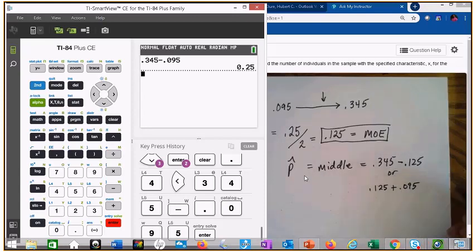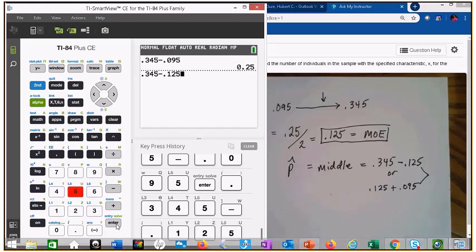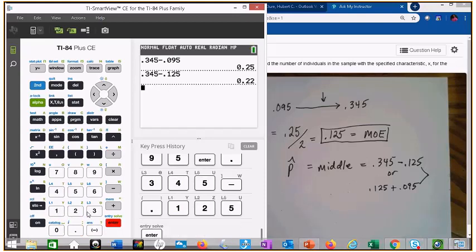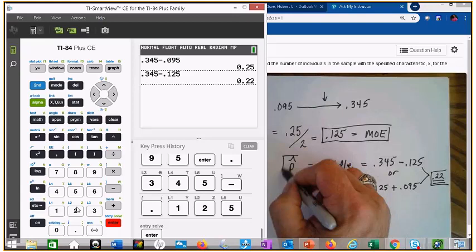Either way, these two are going to give us the same result. 0.345 minus 0.125. And that is our p hat. That's how you find p hat and your margin of error.